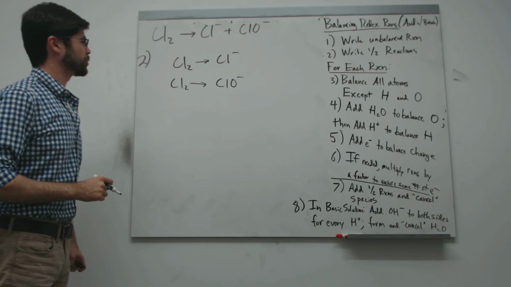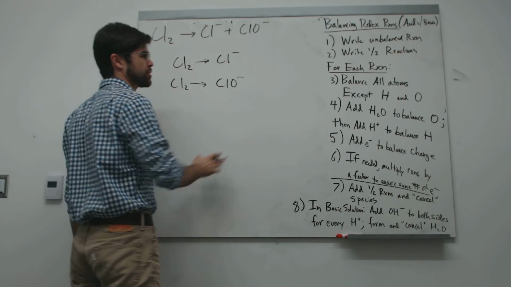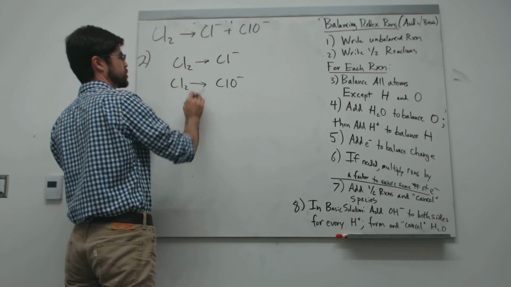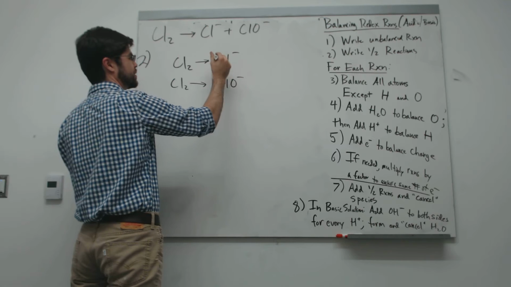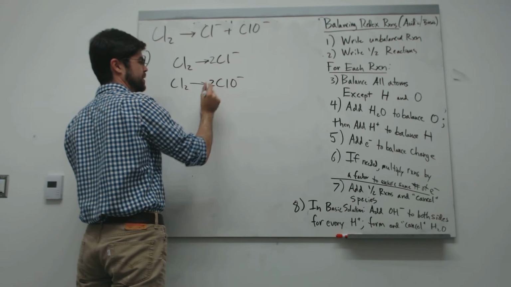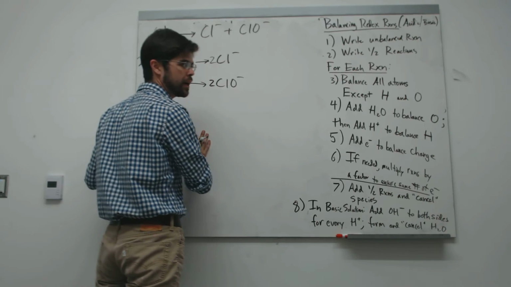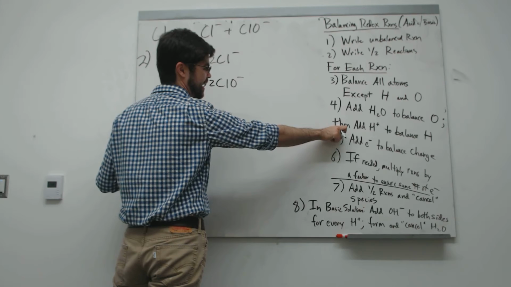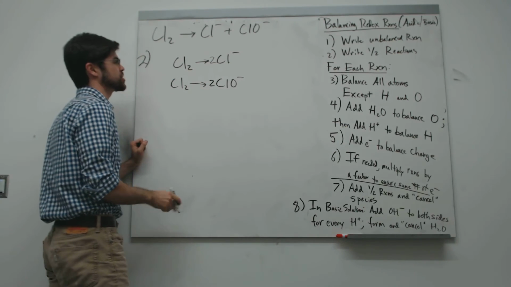Okay, so let's work our way through this. Step 3 here, balance all of the atoms except for hydrogen and oxygen. So I've got 2 chlorines over here, only 1 there, so I'll balance that. 2 chlorines here, only 1 there, balance that, okay. Add water to balance oxygens, then add hydrogen ions to balance hydrogen.